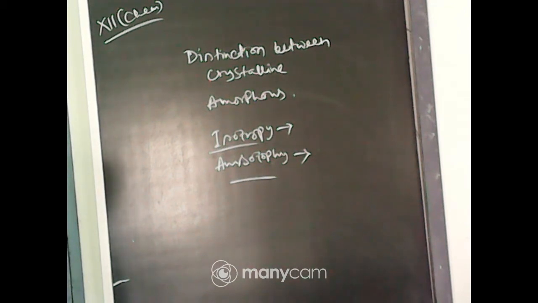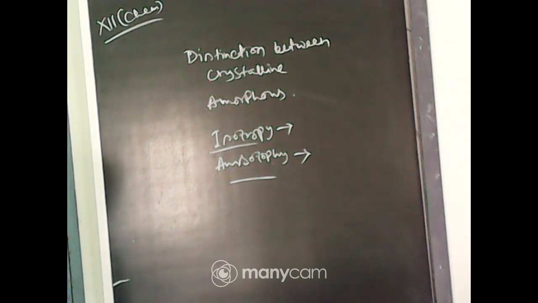On the other side, when these are not the same in space, then it is called anisotropy. These are physical properties such as electrical conductivity, thermal conductivity, mechanical strength, etc. When these are the same, that is called isotropy, and when these are not the same, it is called anisotropy.